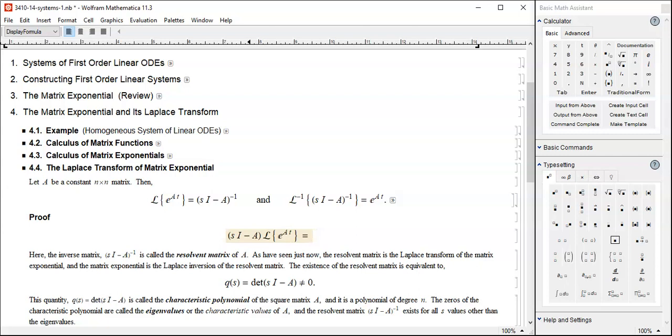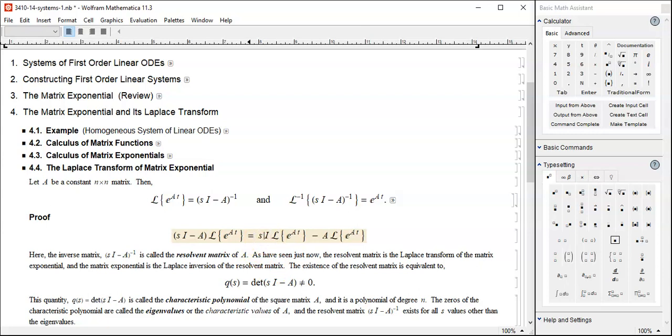And here's the first step. Let's distribute sI times this Laplace transform minus A times this Laplace transform. So just routine algebra. Wait a minute, this is an identity matrix, so I don't really need to have it here. I can remove that. Fine. And no, never mind.